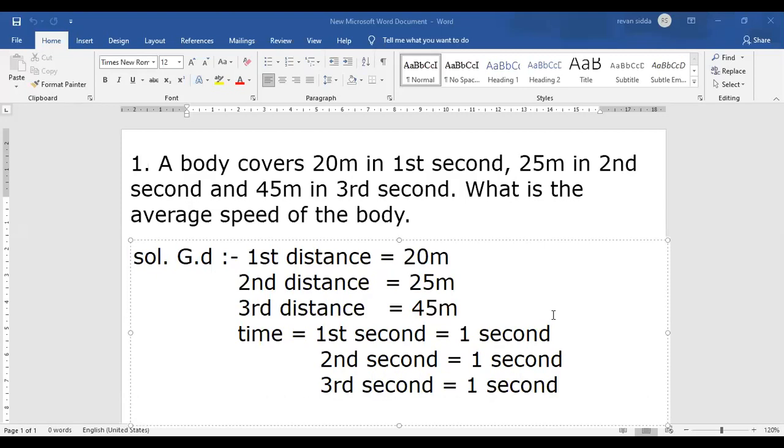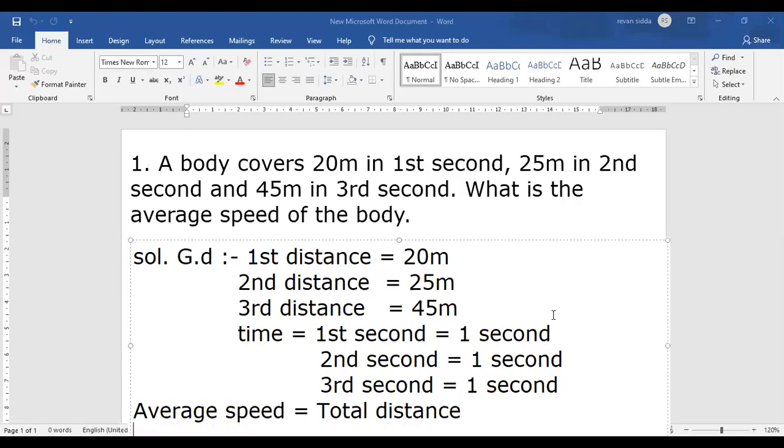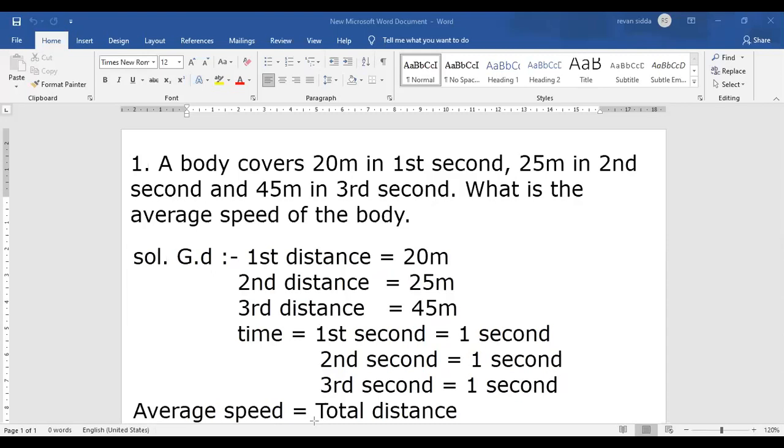Now, average speed. Average speed is equal to total distance by total time taken.